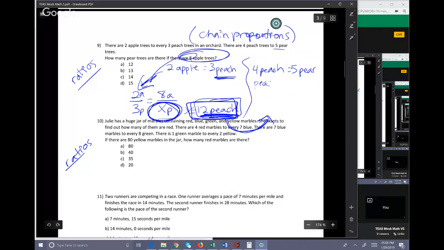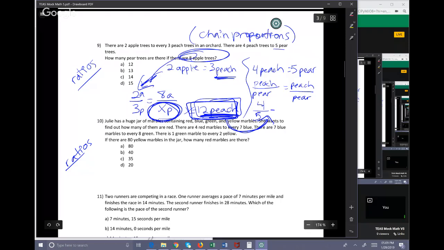So this proportion on the right-hand side of my little line that I made is peach is to pear as peach is to pear. 4 peach trees to every 5 pear trees is my first given fraction.